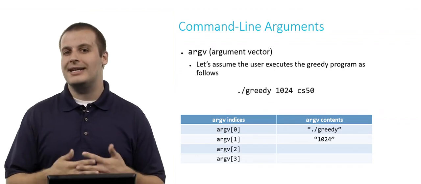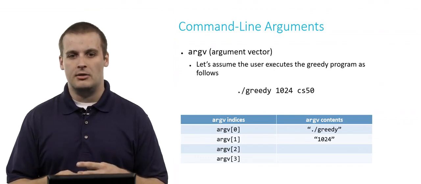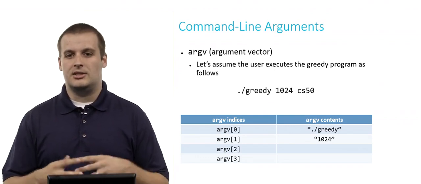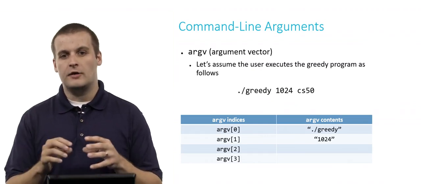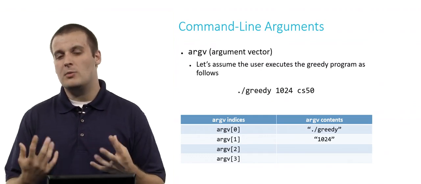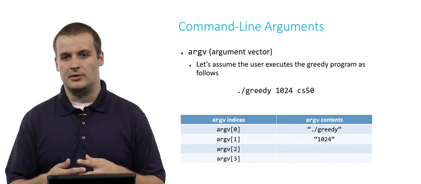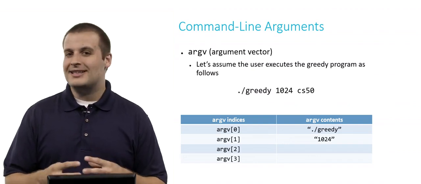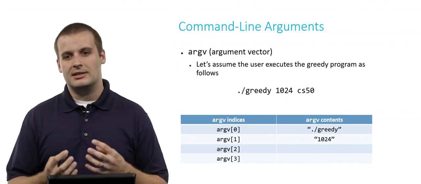It is not the integer 1024, and so you can't directly work with it by saying, you know, int x equals argv1 minus 24. Intuitively, you might think of that as, okay, well, it's 1024 minus 24, so x is equal to 1000. But in fact, that's not the case because argv1 is a string, the string 1024.